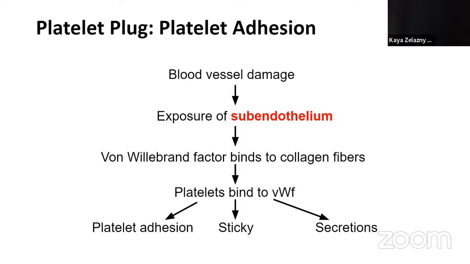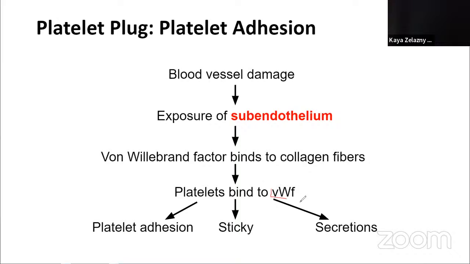The subendothelium is going to be farther away from the blood, which we'll see in a picture. But when we damage the blood vessel, this exposes this subendothelial layer.